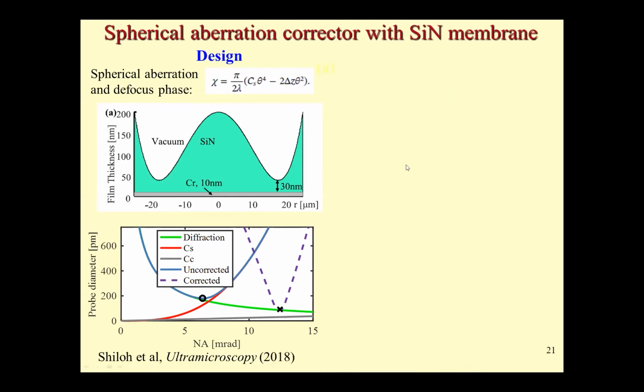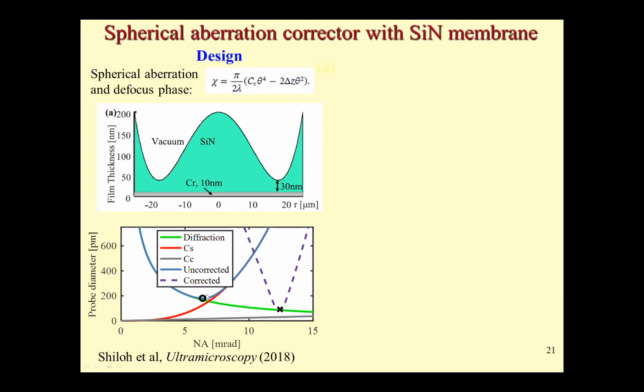Let me first go over this figure that explains the trade-offs. What we see is the probe size as a function of the numerical aperture. If we have only diffraction, then as the numerical aperture increases, the probe size will just go down. Whereas if we have spherical aberrations, as the numerical aperture increases, the probe size will go up. So there is some balance between them.